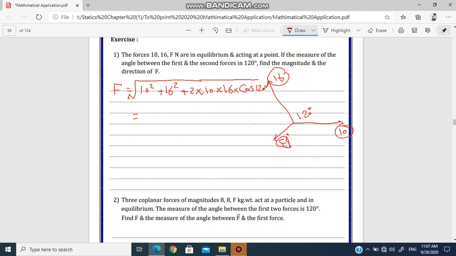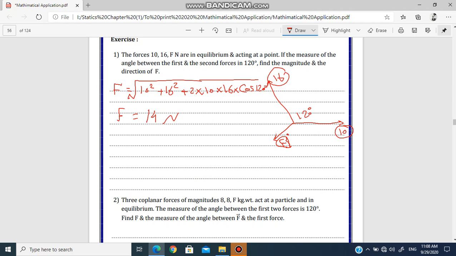I will calculate it. The answer will be 14, so F equals 14 Newton.